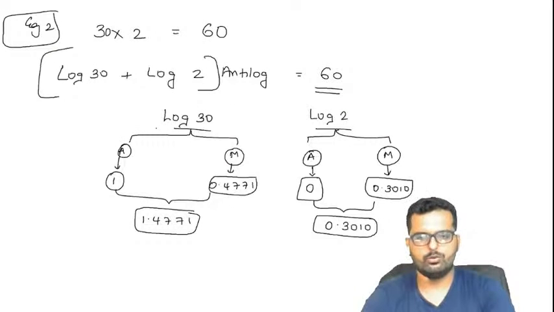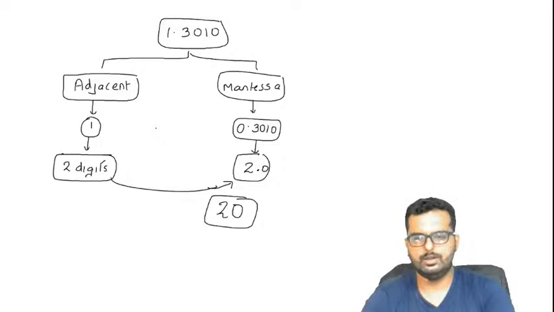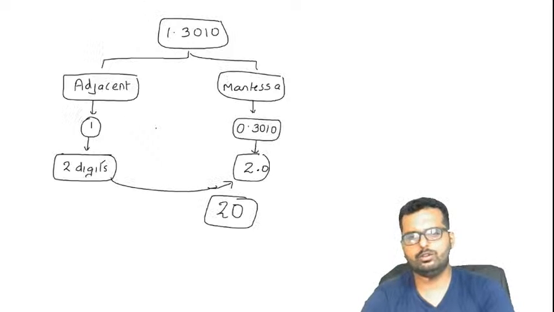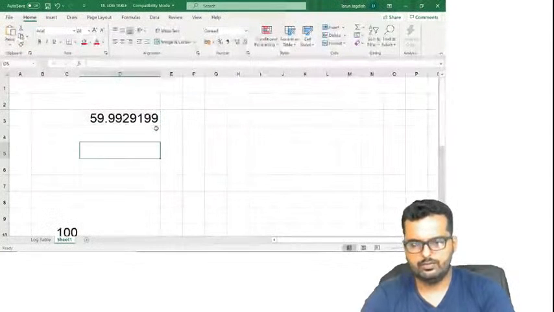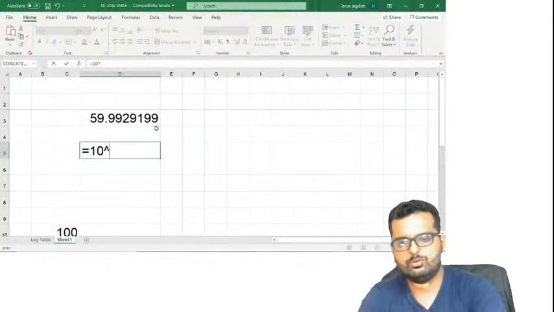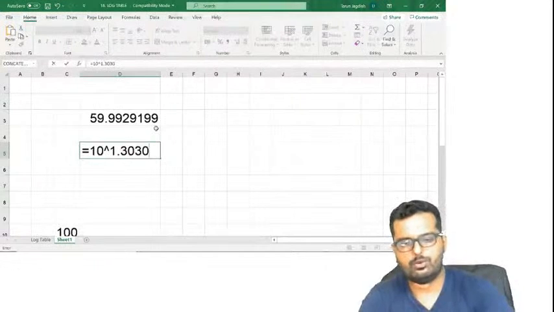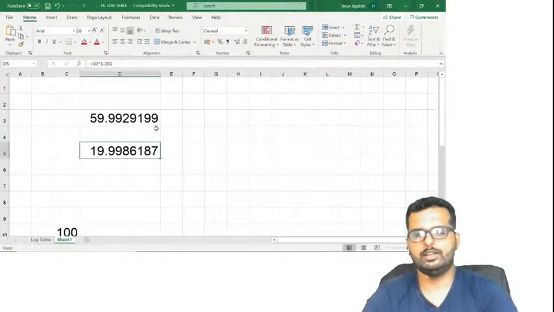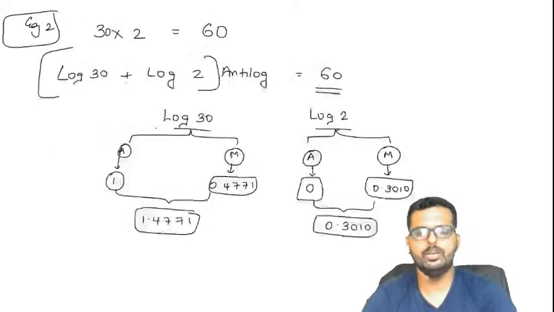If you take this one also, let's try this one. 1.3010 anti-log, you got the answer as 20, right? If you do 10 raised to 1.3010, you get the answer as 19.99. That's again turning out to be 20.